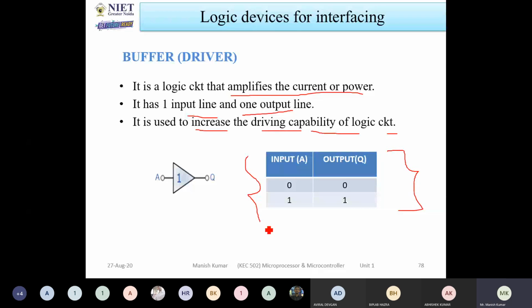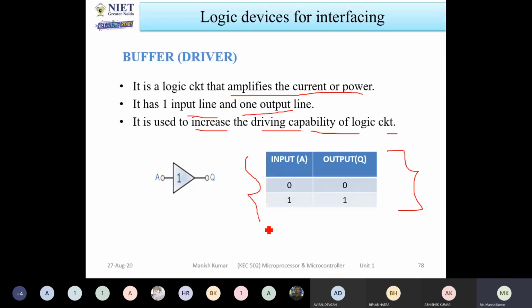correct? And the second thing is, with the help of buffer, you can increase the driving capability. So what is the driving capability? Driving means you can say the amount of useful output. So if you are increasing the driving capability, it means you are using the maximum output.